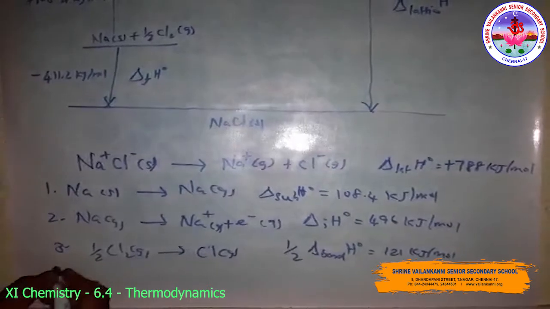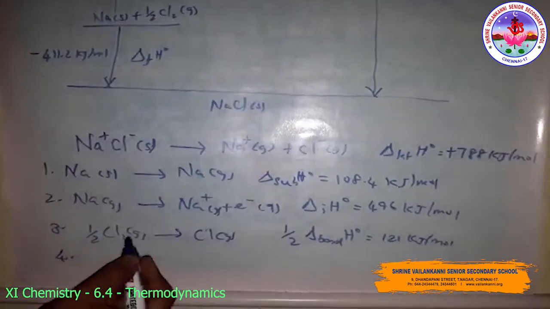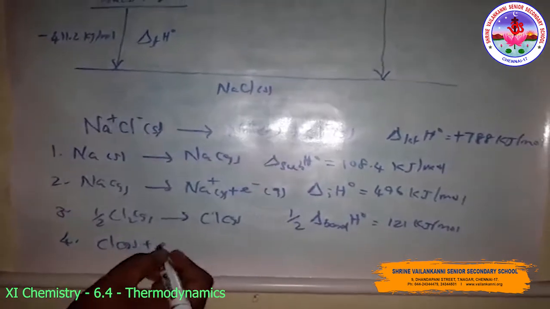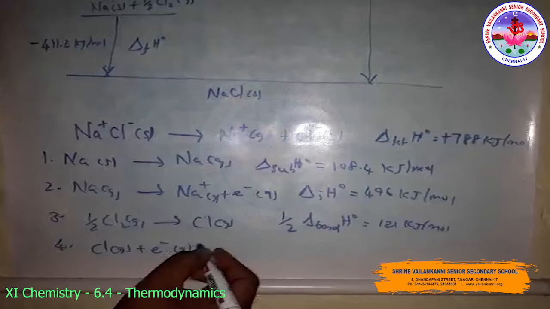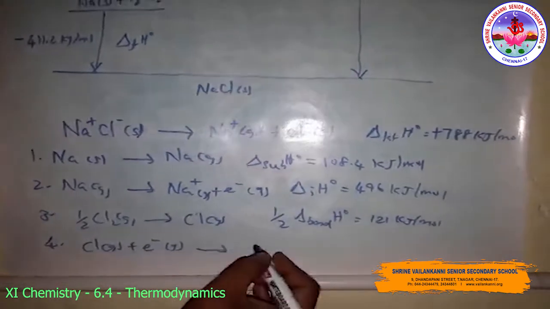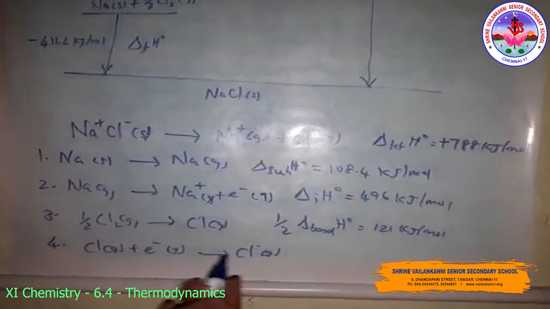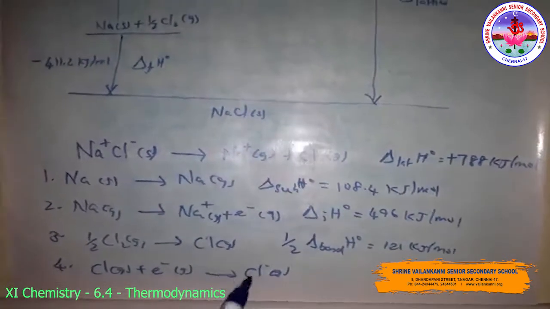Then the fourth step is chlorine gas, Cl gas, plus electron: electron gain enthalpy. One electron gained, that is electron gas, gives Cl minus gas. Here the electron is gained by the chlorine atom.